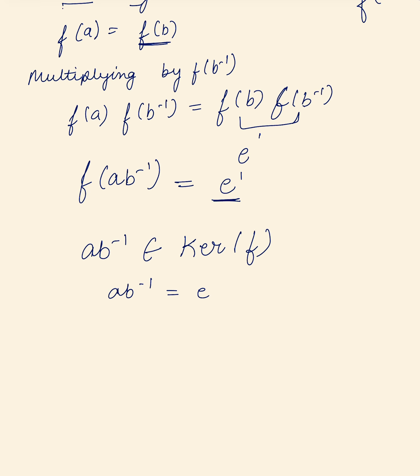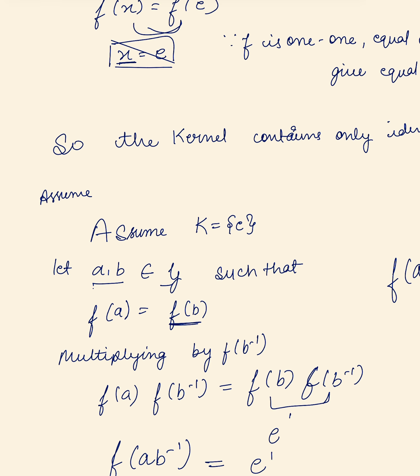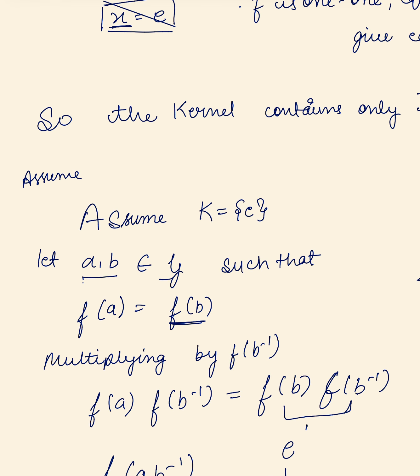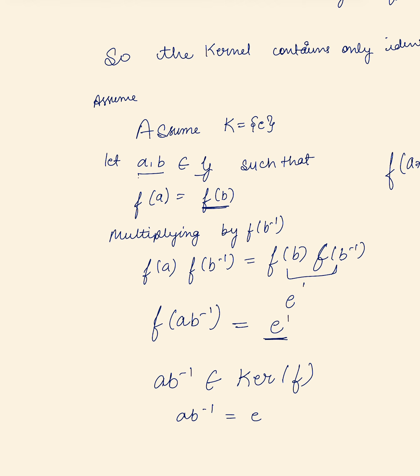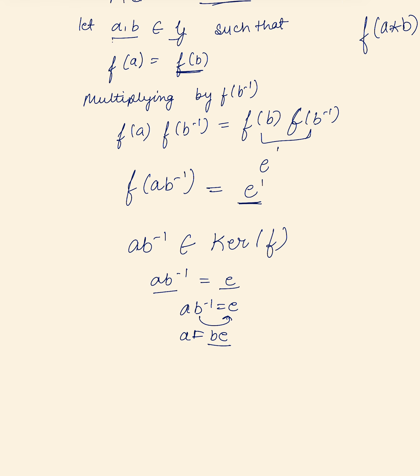So a b inverse belongs to the kernel of f. This means that a b inverse is equal to e, because we have assumed that the kernel is equal to the identity element. Now I am transposing b inverse from the left-hand side to the right-hand side: a is equal to b e, and multiplying an element with the identity gives that element only.